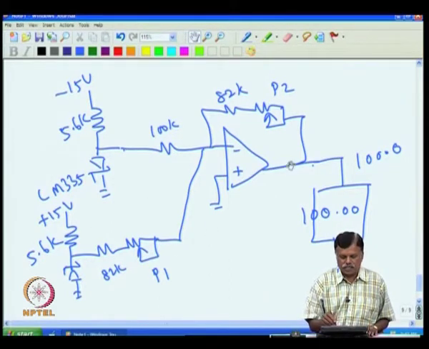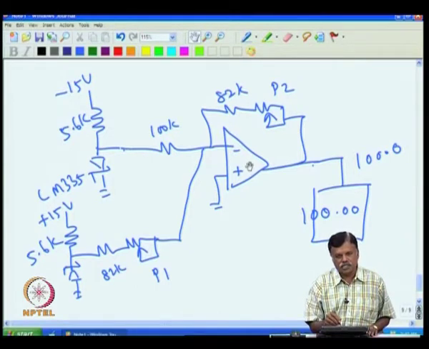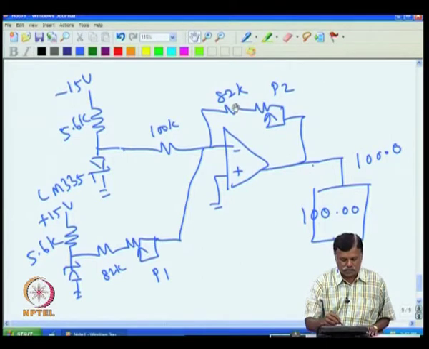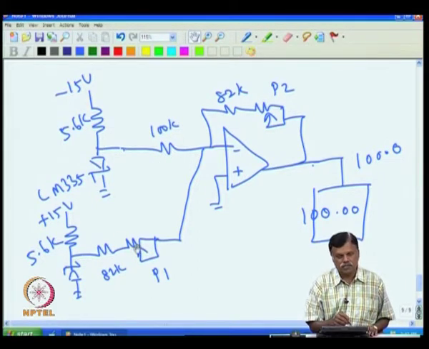If they change, like for example, the operational amplifier temperature changes, then its property changes, that produces a different output voltage. Similarly, the resistance value may change with temperature, and this resistance may change with temperature, this also will change.